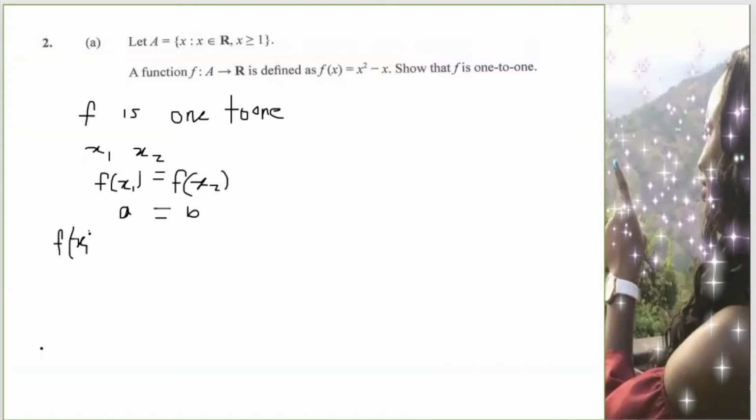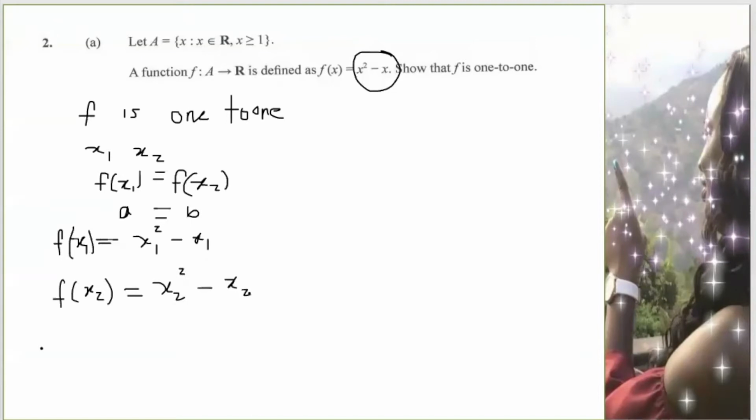So substituting x1 into the function, I will have x1 squared minus x1. Then I replace x with x2, so what I will have is x2 all squared minus x2.